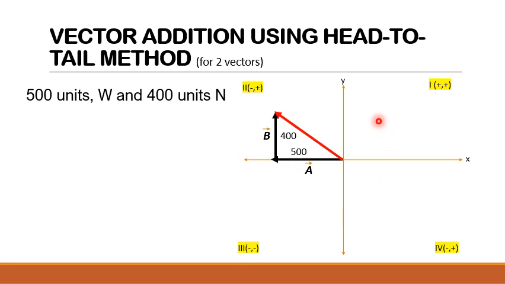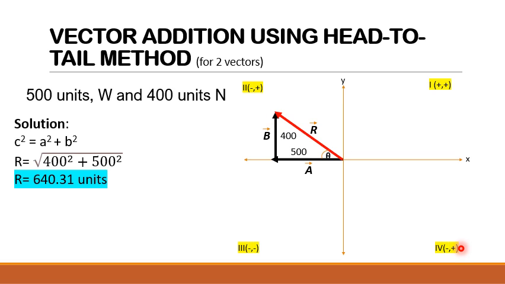So why is it called the head to tail method? Because the head of the first vector points to the tail of the next vector, and the resultant vector is actually pointing to the head of the last vector. So how do you compute for the R?